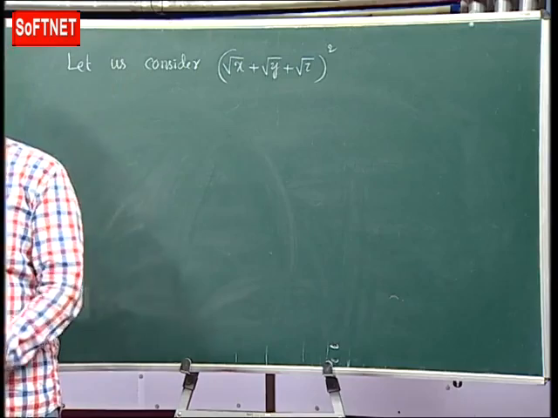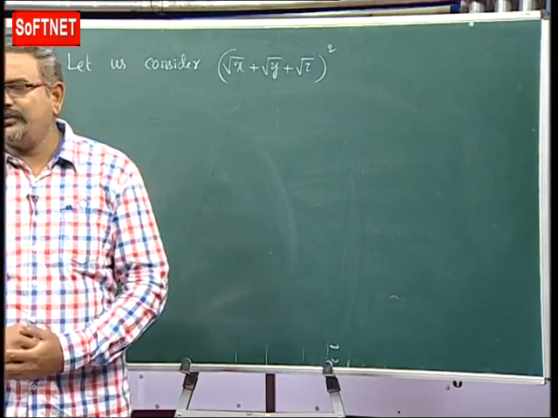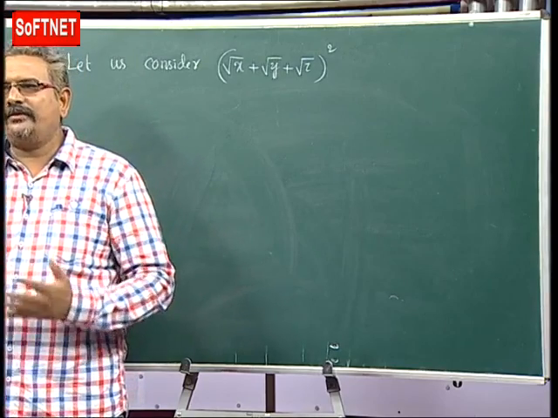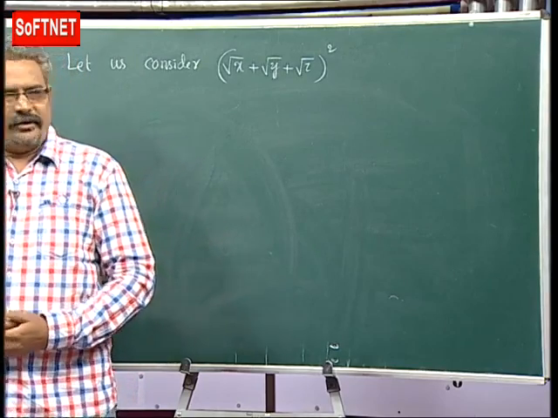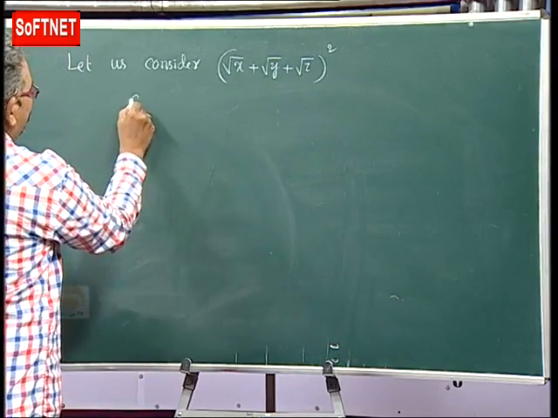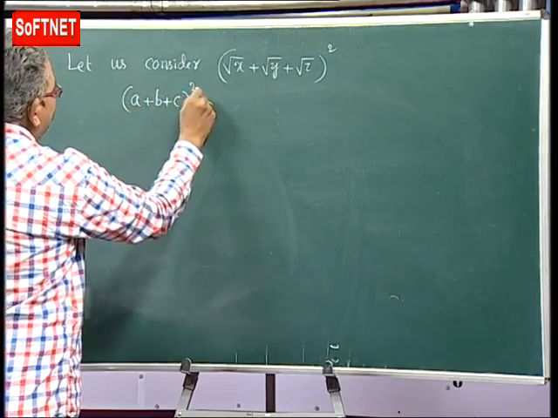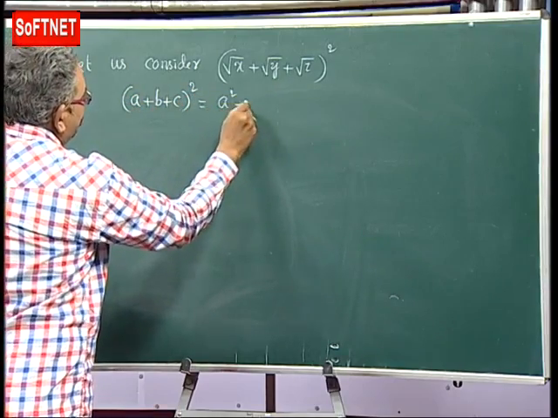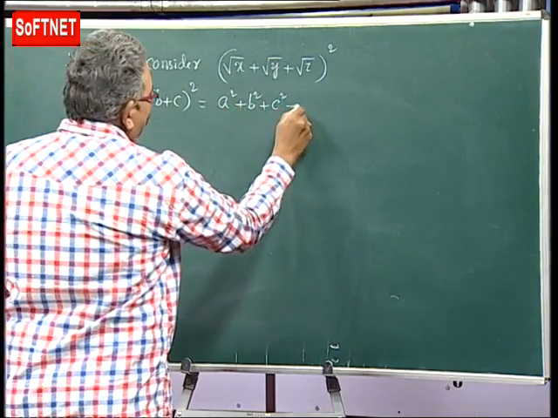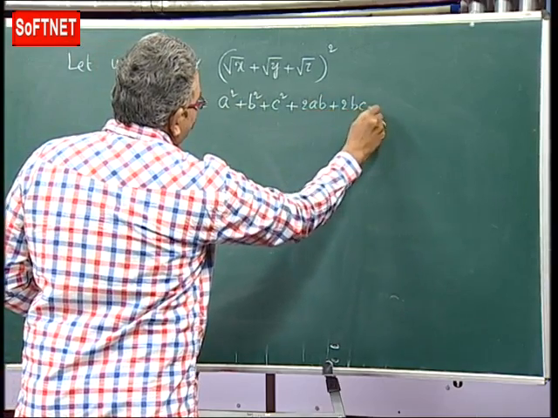How can you expand this one? It can be expanded using the a plus b plus c whole square formula: a square plus b square plus c square plus 2ab plus 2bc plus 2ca.